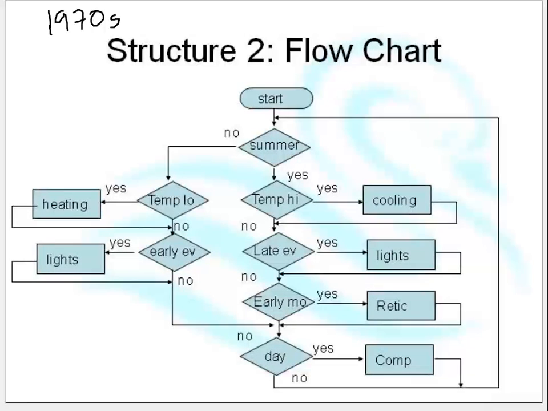So, round about the 1970s, they decided the way we should organize programs was to use a thing called the flow chart. With a flow chart, you would have a start, and then you would have diamonds, which were decisions. A diamond is a decision.